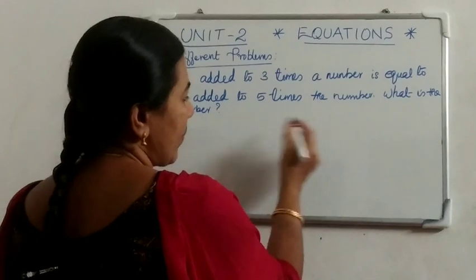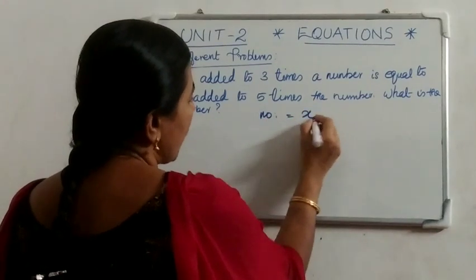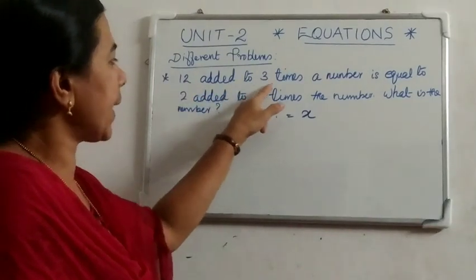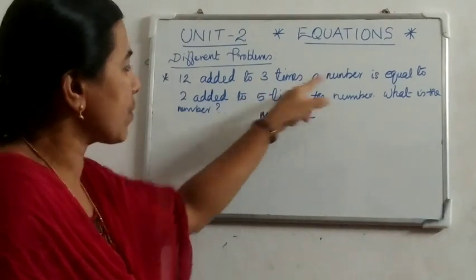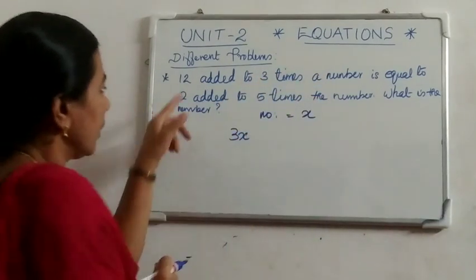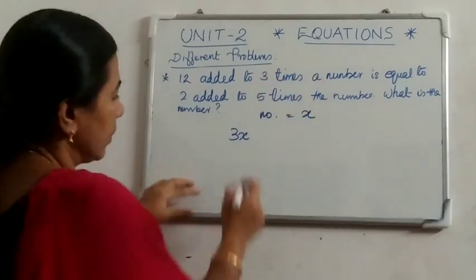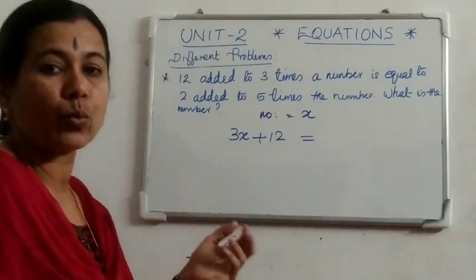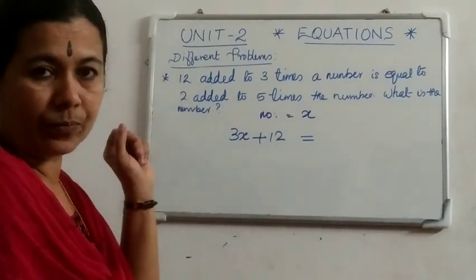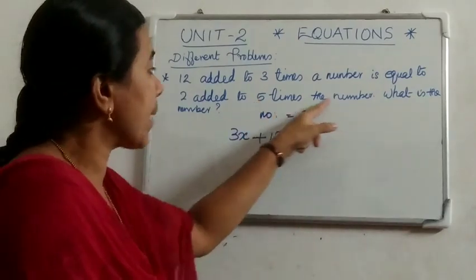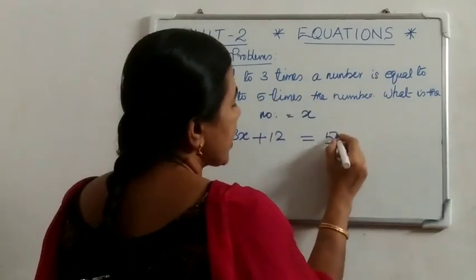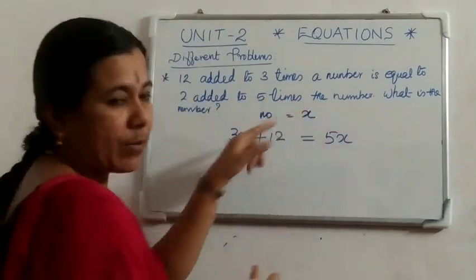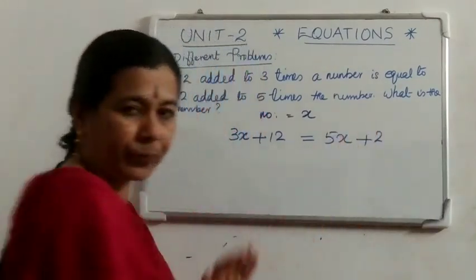As in the previous cases, we can take the number as x. 12 added to 3 times a number. 3 times a number is 3x. 12 added to that, 3x plus 12, is equal to 2 added to 5 times the number, that is 5x plus 2.